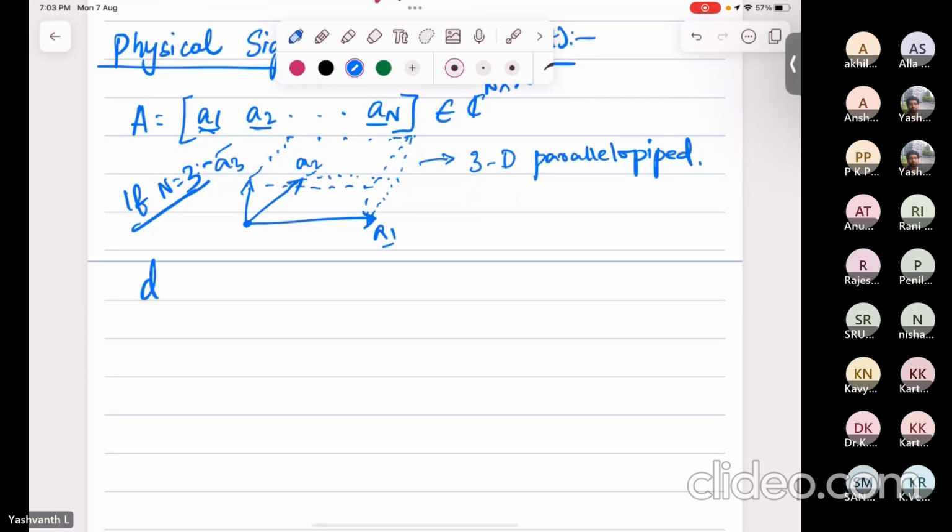Okay, det of A equal to volume of the parallelepiped.